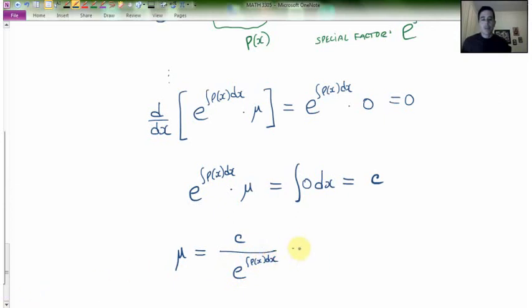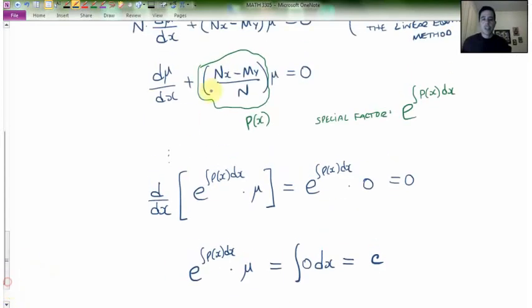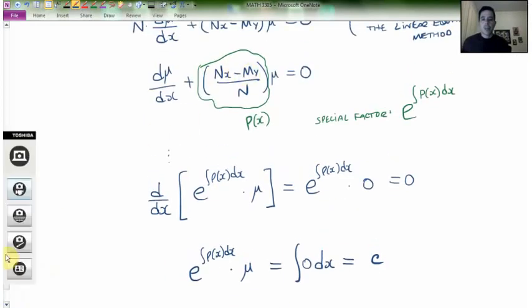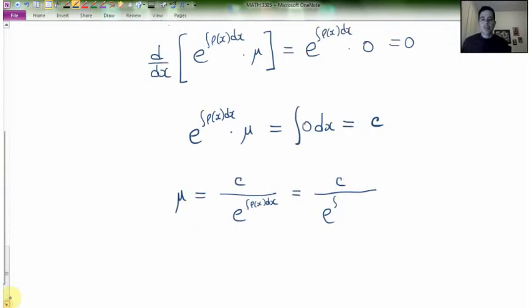Now let's put p of x here. This is c divided by e to the integral. Remember what p of x is? It's nx minus my divided by n. Okay. Well, we can move this up by switching the sign of the exponent.